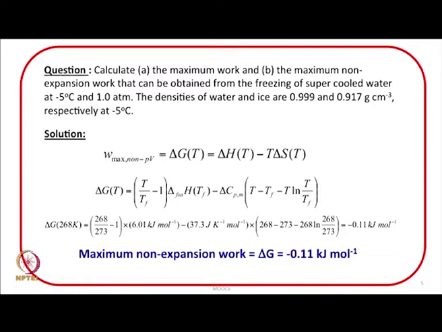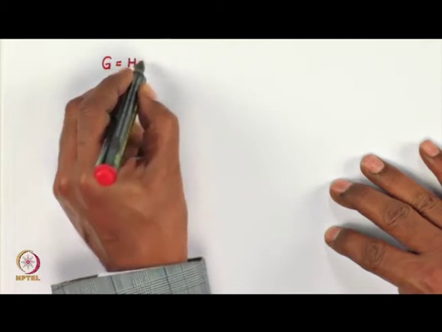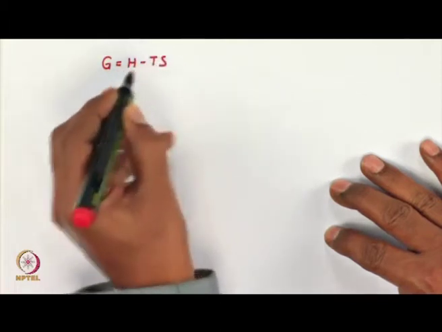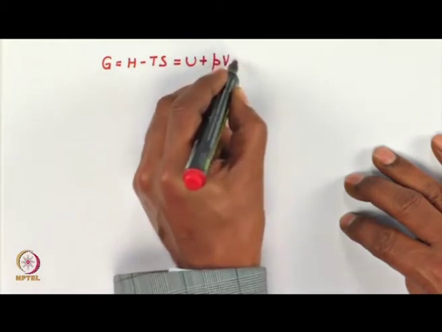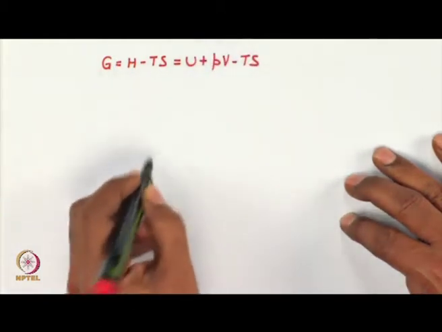Now, we have the information on delta G and it is easy to calculate delta A. How do we do that? G is equal to H minus TS, which is equal to U plus PV minus TS.